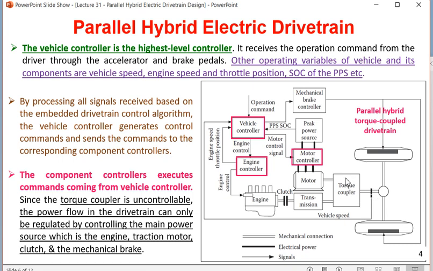The output of the motor and the output of the transmission can be coupled in the mechanical coupler, the torque coupler, and then the generated power output is given to the wheels. So whatever control we have to do, we have to start generating the control from the starting part of the drivetrain, that is engine control, so engine output power control as well as the PPS power control. This is what is told by the last paragraph, which is underlined.